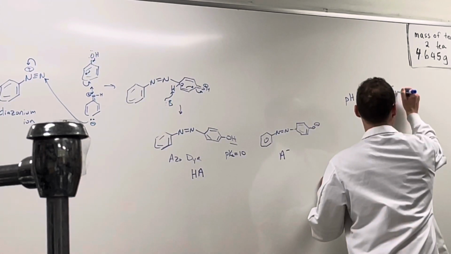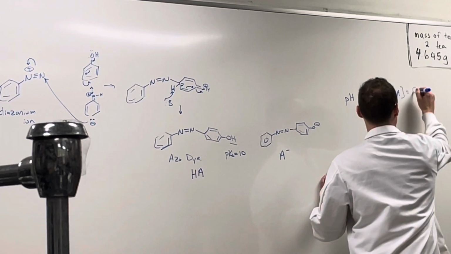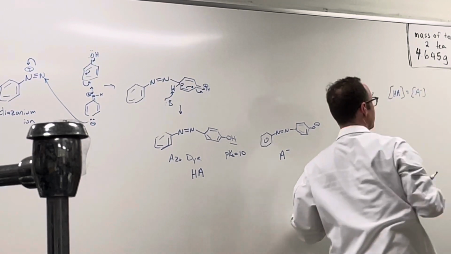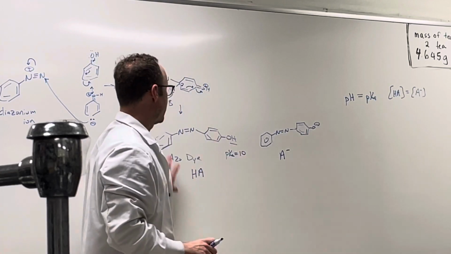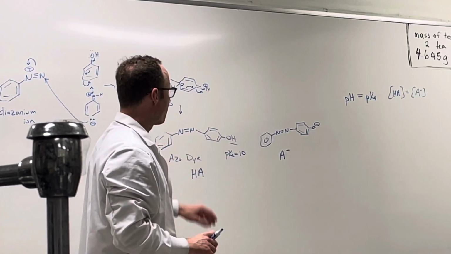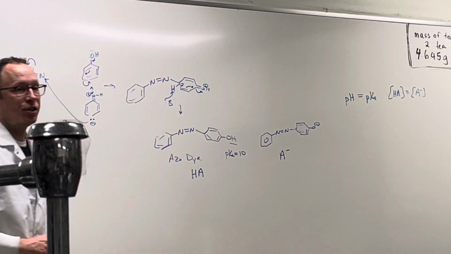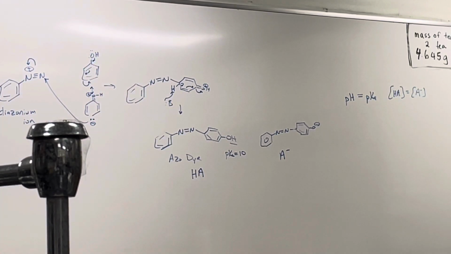That is where HA concentration equals A minus concentration. So if I were to take this phenolic dye that we've been dealing with, and I were to put it in a solution of pH 10, then you would have equal amounts of protonated and deprotonated present. At any other pH condition, one of them is going to predominate.